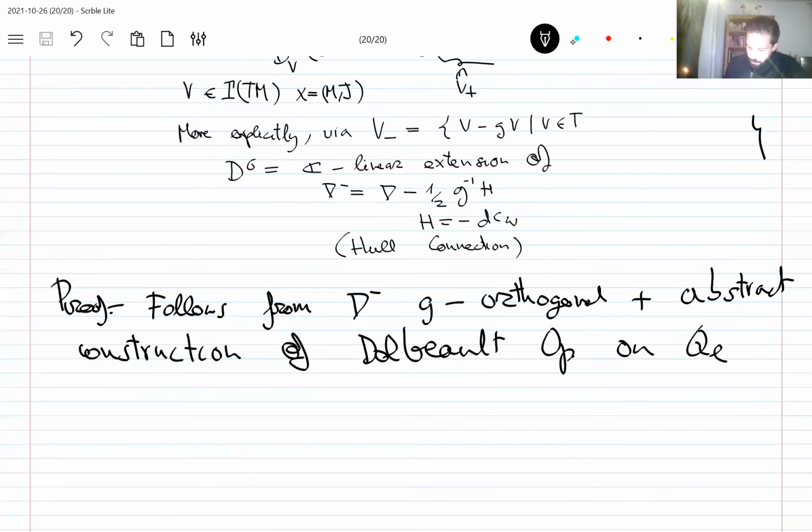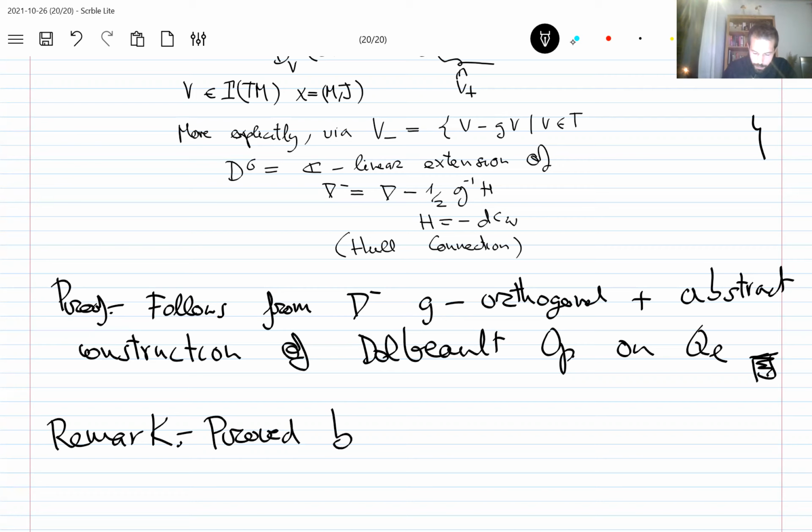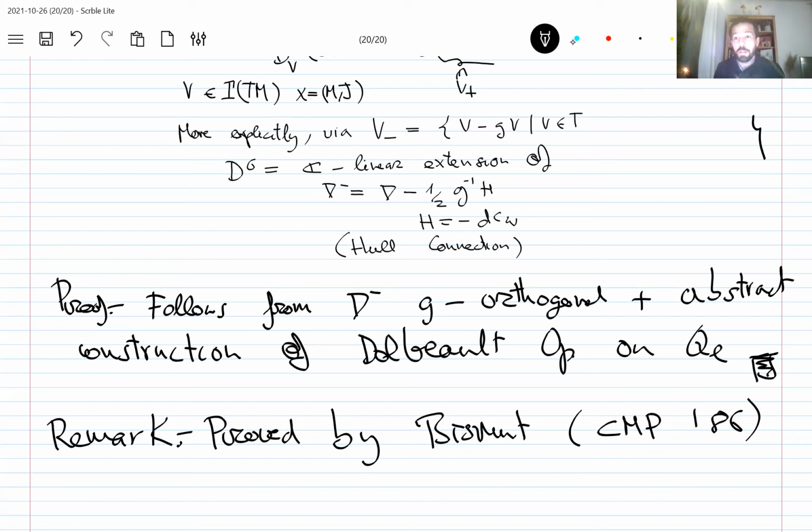Okay, so this finishes this part. An important, or maybe a historical remark, is that this was already proved by Bismuth in the 80s, in his seminal paper in Communications in Mathematical Physics in 86 about the twisted Dirac operator.